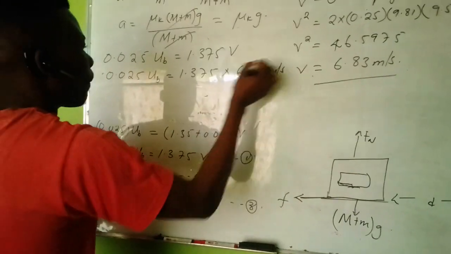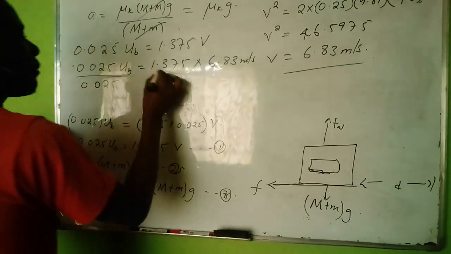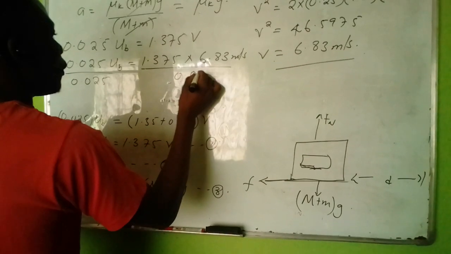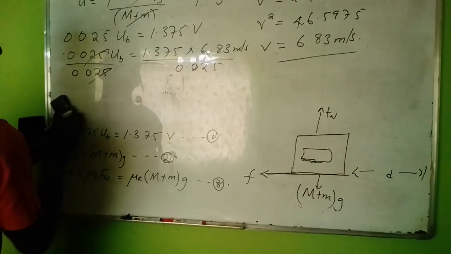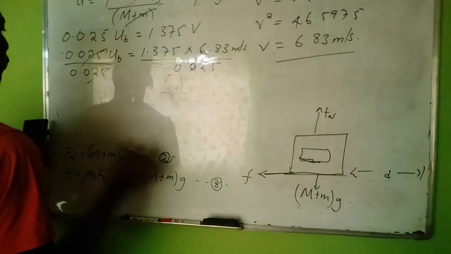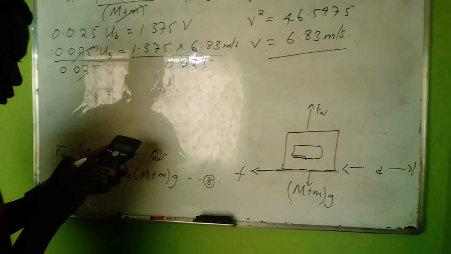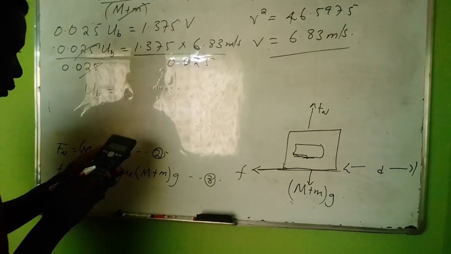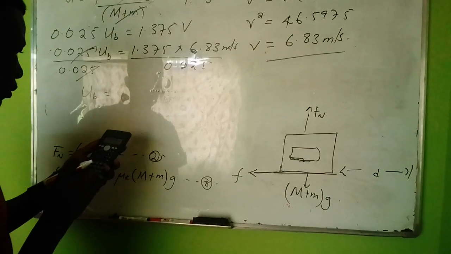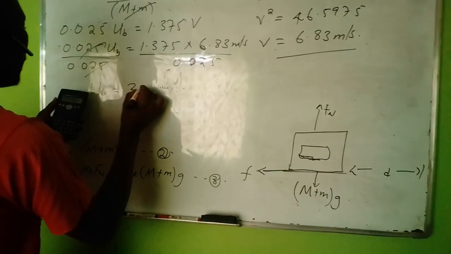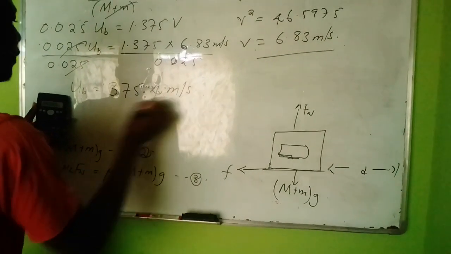We divide both sides by 0.025, so that u_b is going to be 375.4 meters per second.